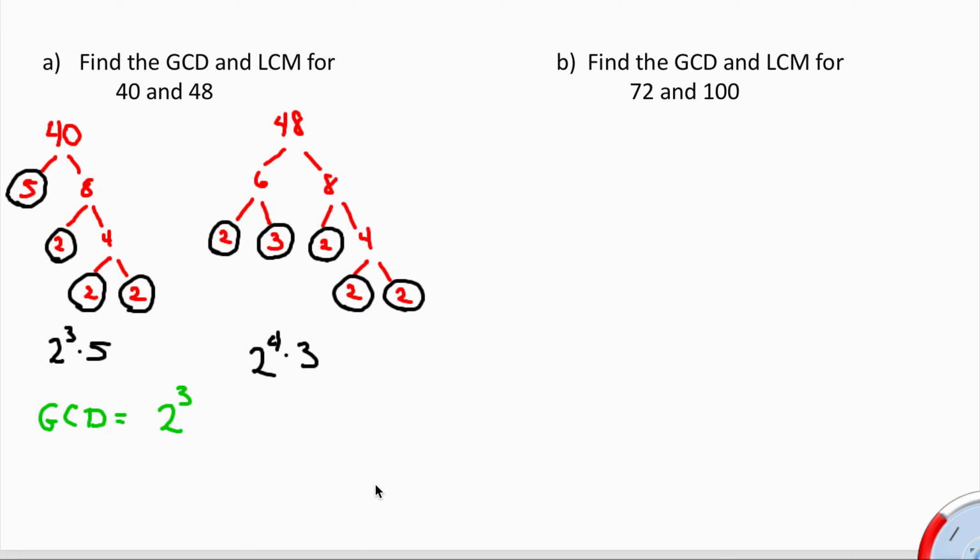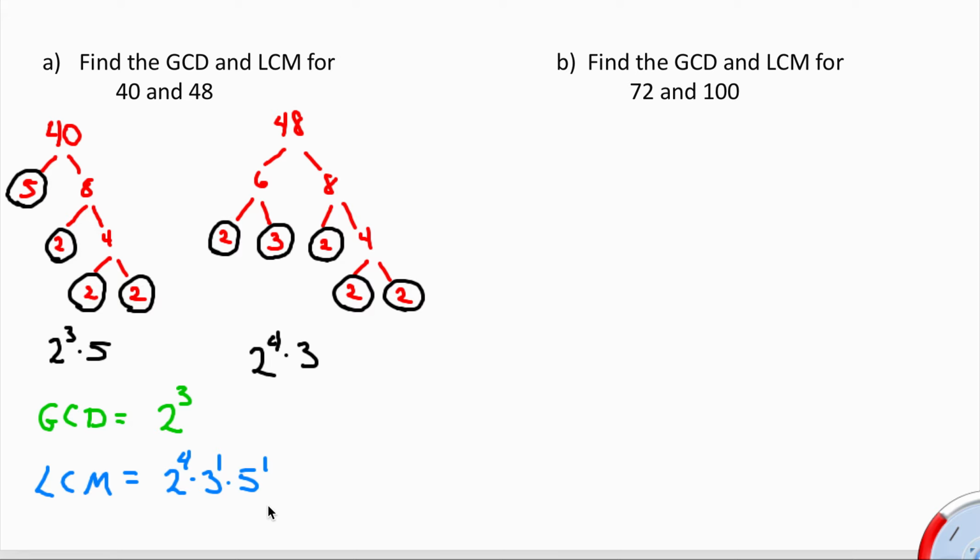To find the least common multiple, I'm going to take everything. They have 2s, 3s, and 5s, right? So once again, whenever I'm thinking smallest here, I'm also thinking a smallest number of divisors. Here with the largest, I'm taking all the divisors and the largest exponent. So a 4, and of course the largest exponent on this one, I don't have to write it, I'm just doing that for emphasis, right?